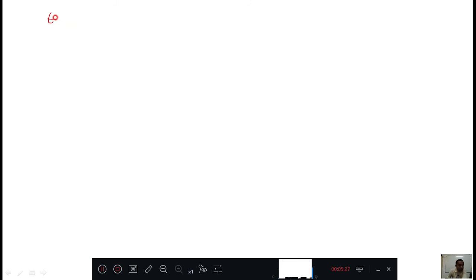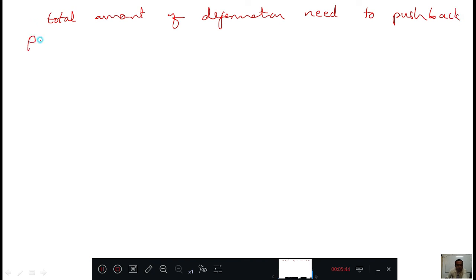The total amount of deformation I need to push back by load P is equal to P_A L_A by A_A E_A plus P_S L_S divided by A_S E_S. This much I need to push it back.